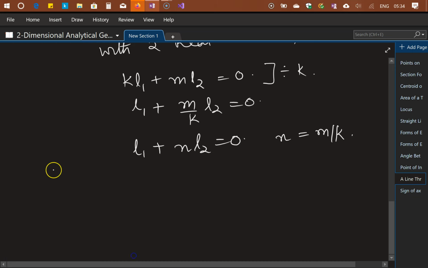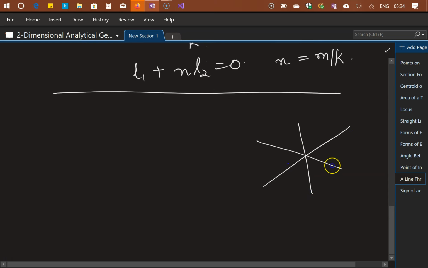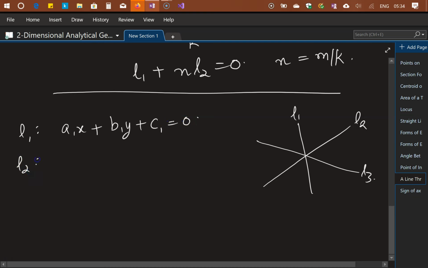Okay, so that is as far as the equation of a line through the point of intersection of 2 lines is concerned. But suppose we are given 3 lines. Here I have drawn the diagram, but suppose you are not given the diagrams. L1 is A1x plus B1y plus C1 equal to 0. L2 is A2x plus B2y plus C2 equal to 0.